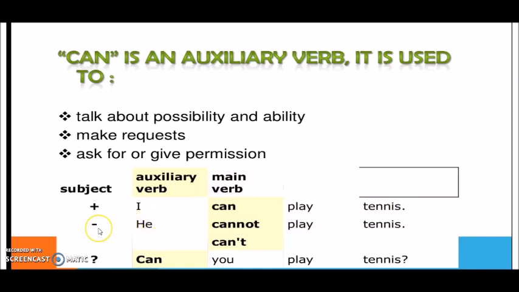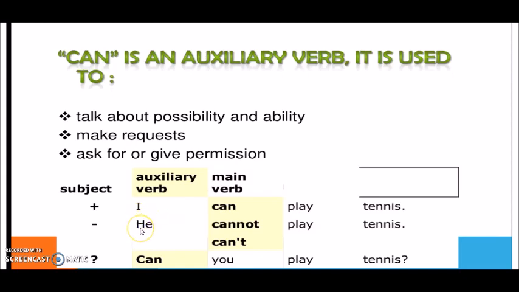Now the negative form. Again you have the subject, in this case it's he, then the auxiliary verb, that is can, plus the negative cannot or can't, the contraction, and the main verb. Finally, the complement.